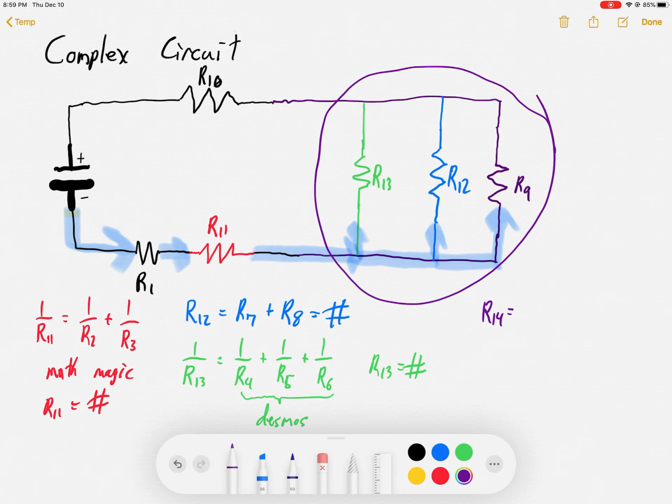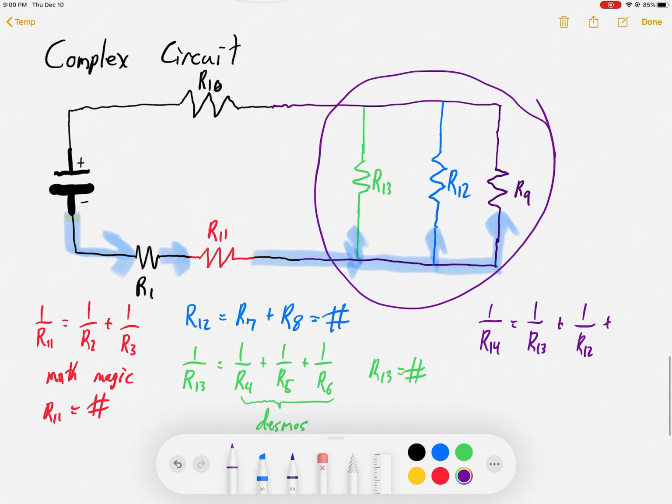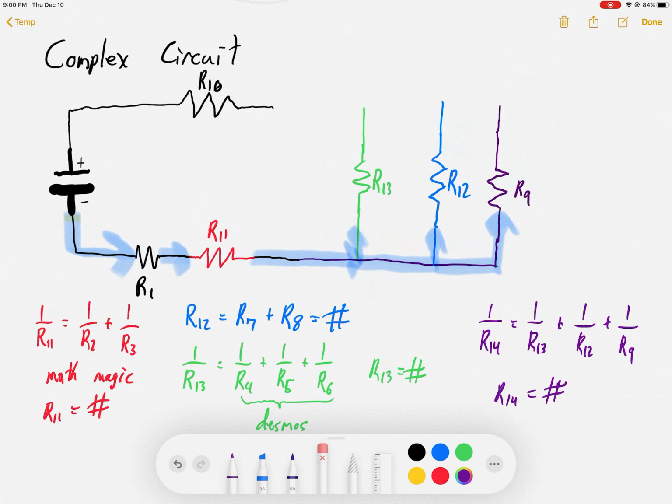It's parallel, so 1 over that resistor is equal to 1 over whatever that value for the 13th resistor was, plus 1 over whatever the 12th resistor was, plus 1 over whatever value was given to that 9th resistor. And so R14 acts equivalently to this 14th resistor, that sum value.